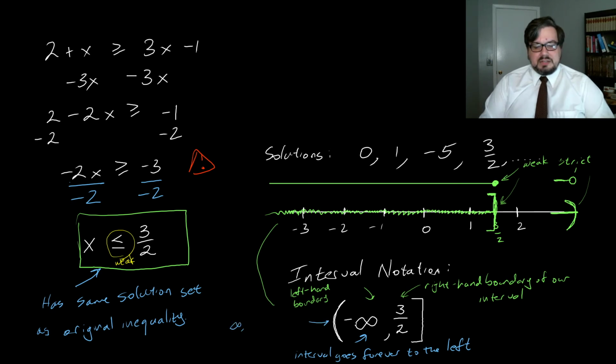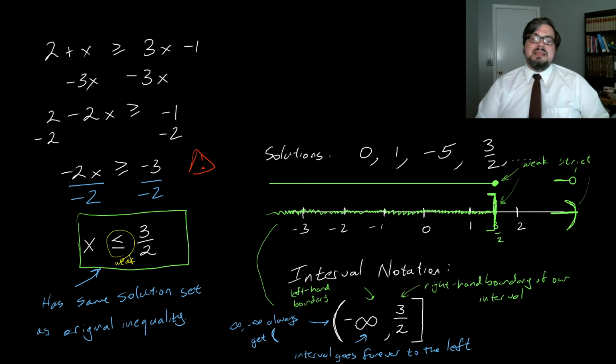So infinity and -infinity, they always get a parenthesis. This is because the parenthesis in interval notation means that the element on that side with that parenthesis doesn't get included, isn't part of the solution.